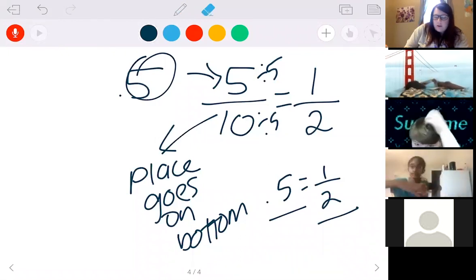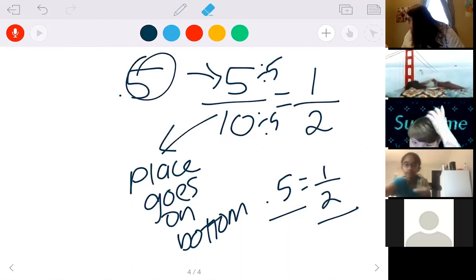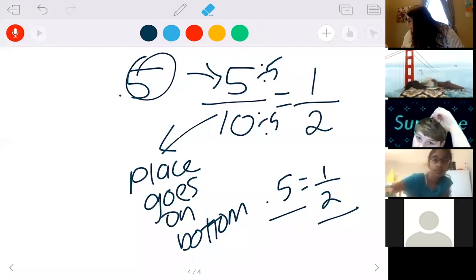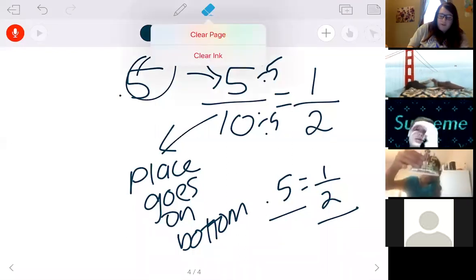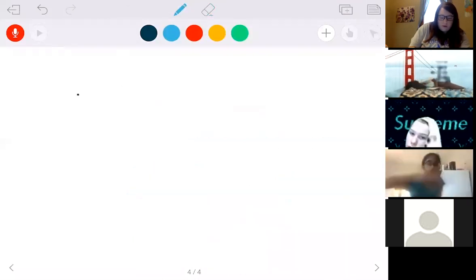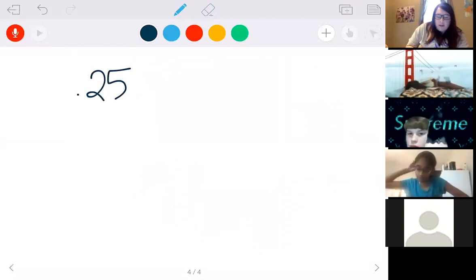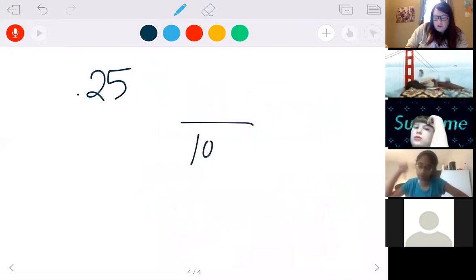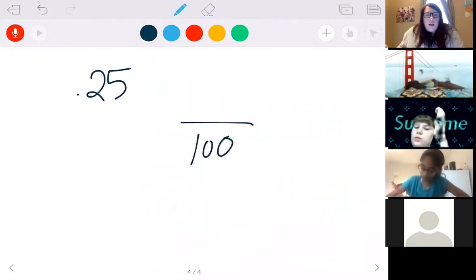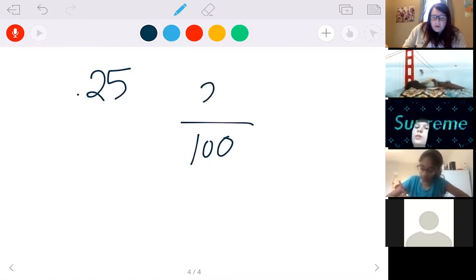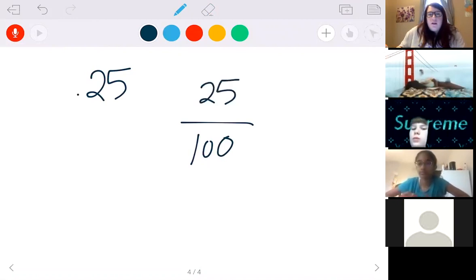So let me show you another one. If you were to write 0.25, that's 25 hundredths. Okay, so I know it's hundredths, so I'm going to put 100 on the bottom of the fraction. And I know that 25 goes on top. Then all you have to do is reduce.